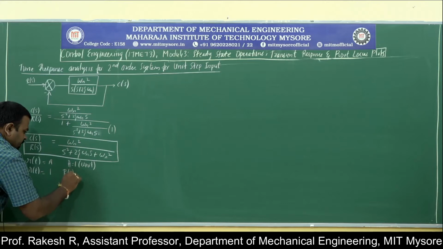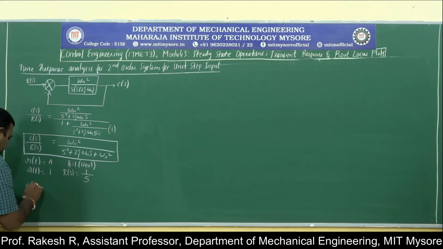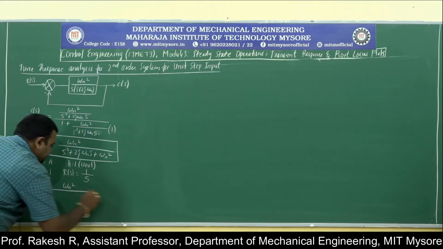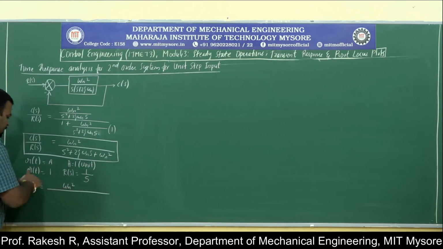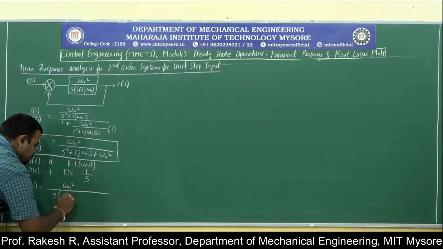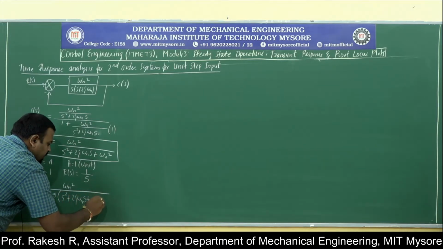R of S, what is Laplace of 1? It is 1 by S. So, C of S will be equal to omega n square divided by S into S square plus 2 zeta omega n S plus omega n square, because R of S will be sent here.